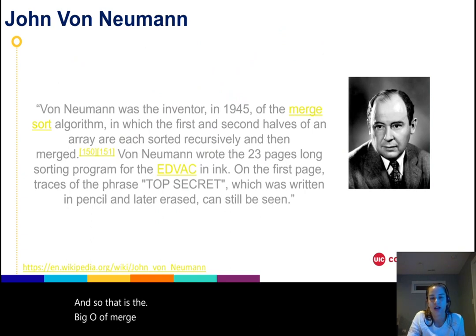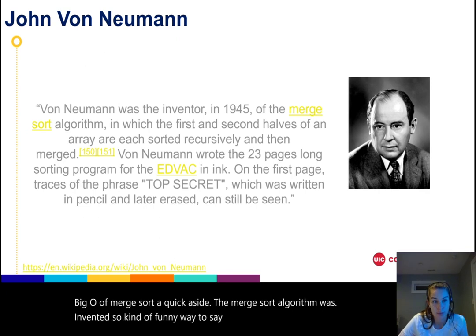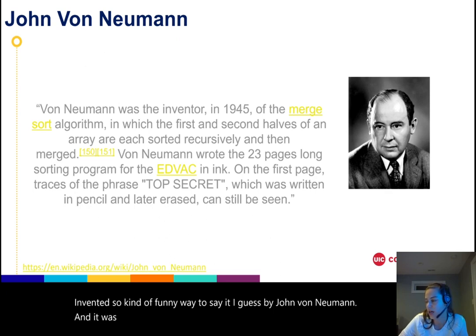And a quick aside, the merge sort algorithm was invented, it's a kind of funny way to say it, I guess, by John von Neumann. And it was invented in 1945 is when they came up with it.